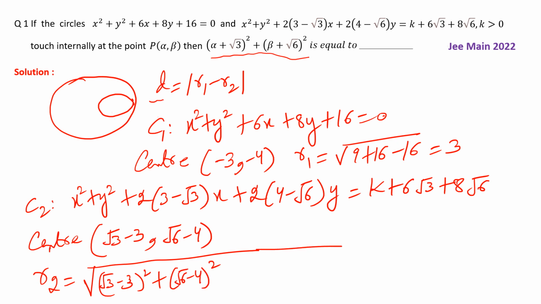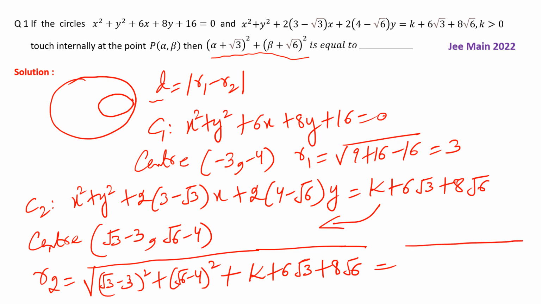This is f square minus c. Now students, to find the value of c, you will have to take this entire term on the left hand side. That means you will have to shift k plus 6 root 3 plus 8 root 6 onto the left hand side. So minus c will be plus k plus 6 root 3 plus 8 root 6. Fine.